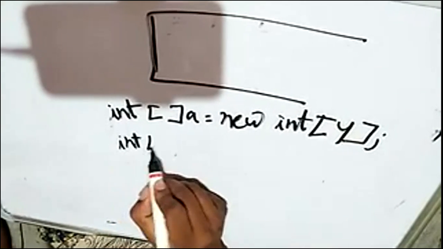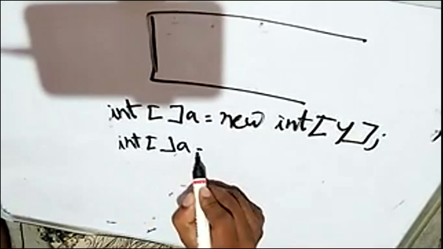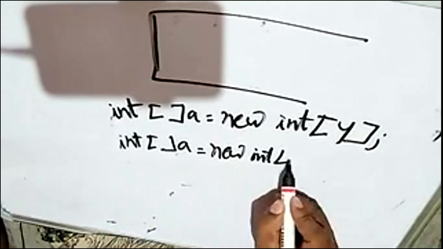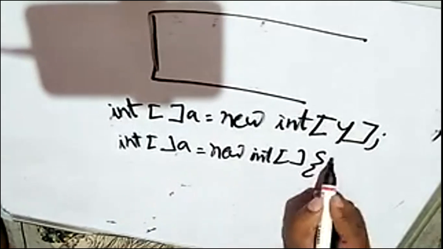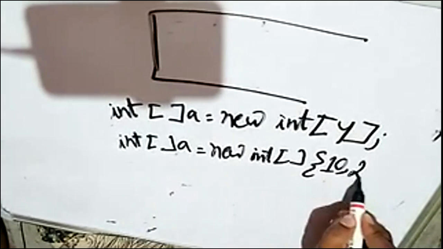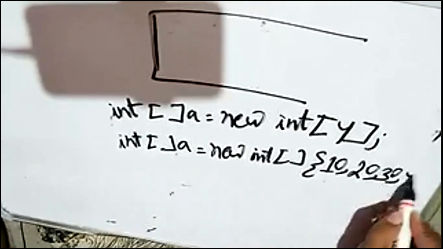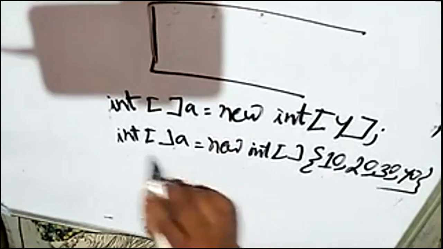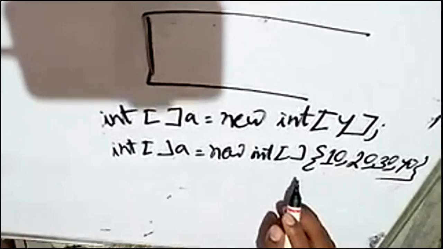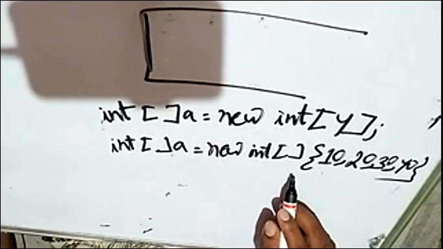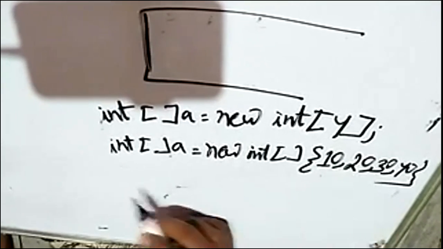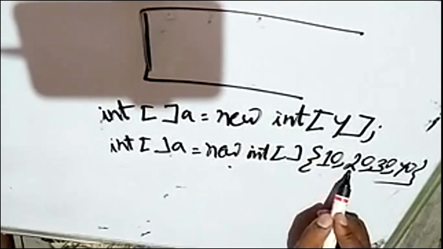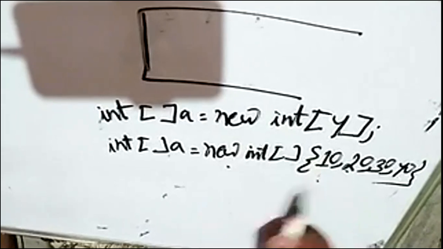At the time of declaration of the array, you can initialize it: new int, like 10, 20, 30, and 40. At the time of declaring the array, we initialize its elements. Here we don't give any kind of size.